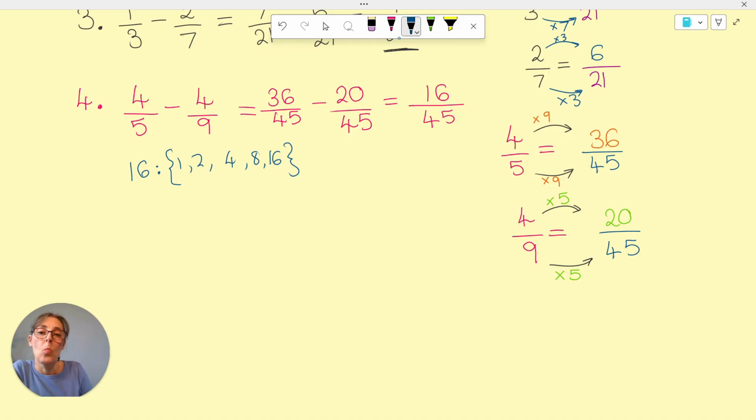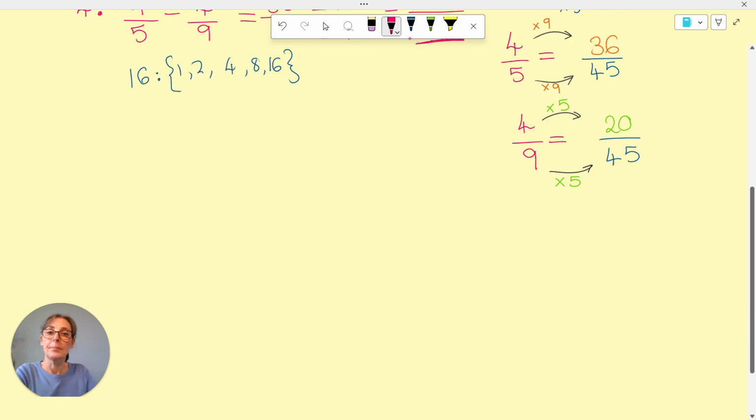I can fit 1 into 45. 2 doesn't fit in. 4 won't fit in because it'd be 44. 8, no. 16, no. So it stays like that. Okay, 16/45. Let's do number 5.